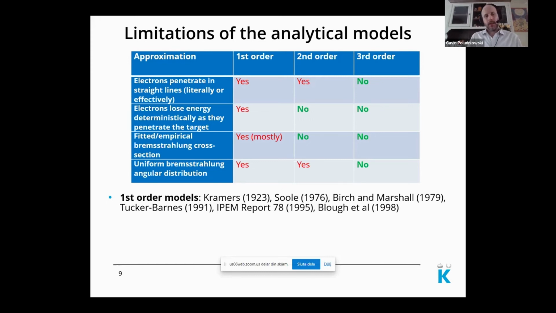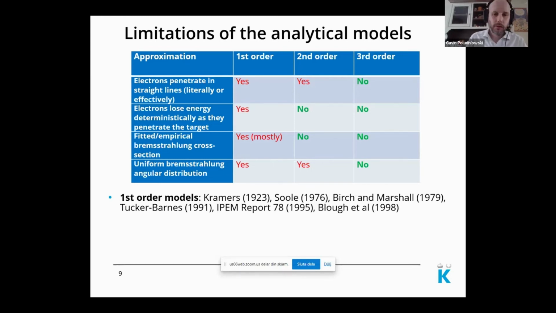approximation, the need to have fitted or empirical Bremsstrahlung cross sections. So this is required because if you have one wrong, you need another wrong to average out the earlier approximation that you made.